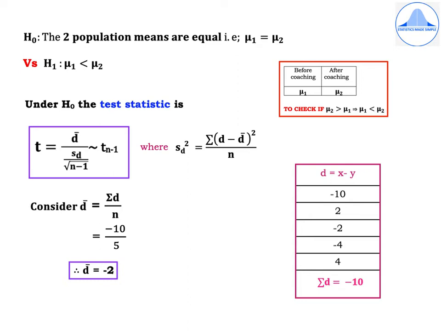Take the first value of x, that is 110, and the first y value, which is 120. So 110 minus 120 is equal to minus 10. Similarly, 120 minus 118 is 2, and the remaining d values are minus 2, minus 4, and 4, which gives summation d equal to minus 10. Substituting in d bar, we get minus 10 divided by 5, or d bar is equal to minus 2.